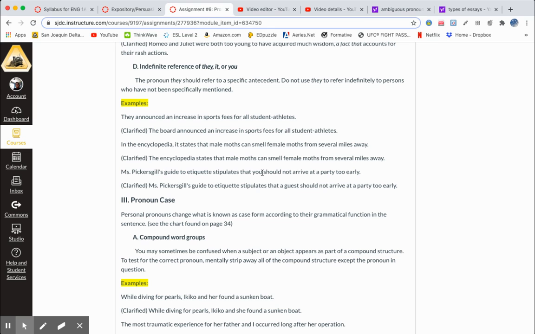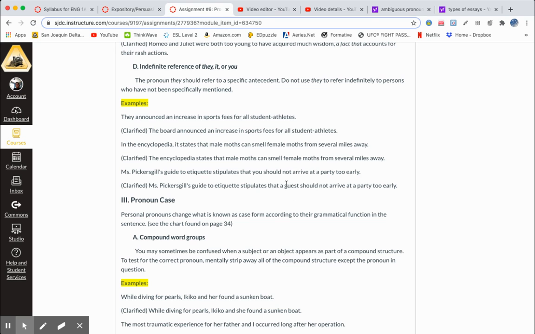But we can specify it by saying, "Miss Pickergill's Guide to Etiquette stipulates that a guest should not arrive at a party too early." I'm sure that those who are preparing for the party will arrive early, and they should arrive early. So we want to make sure that we are specifying who it is that shouldn't arrive at the party too early.